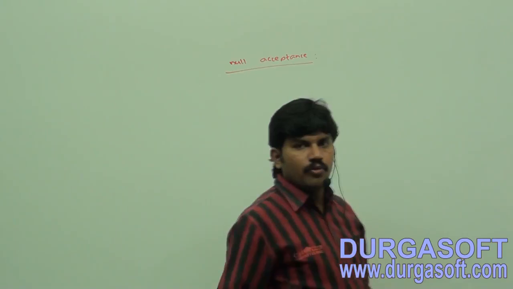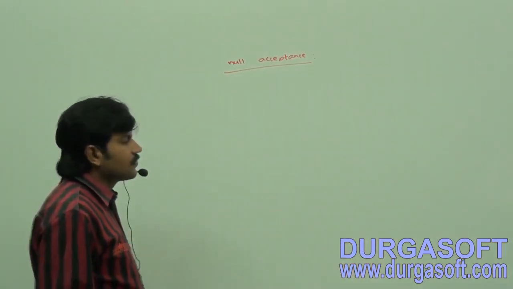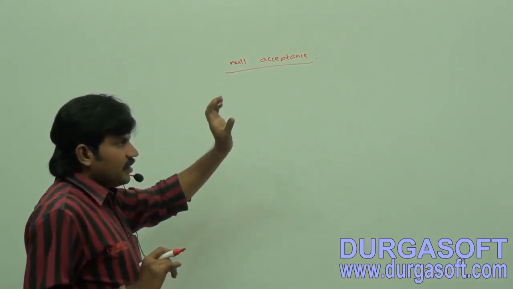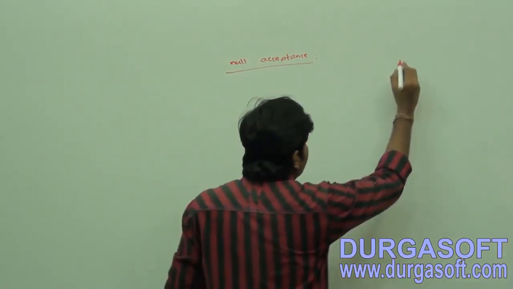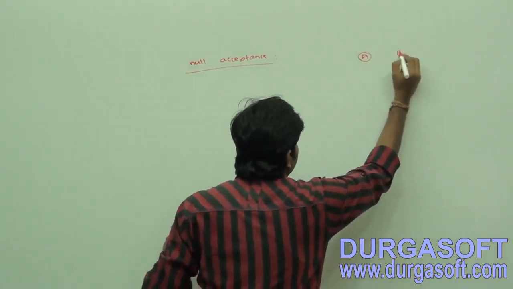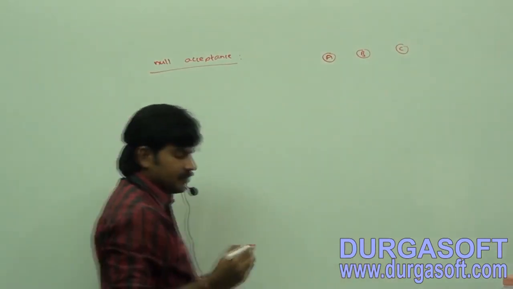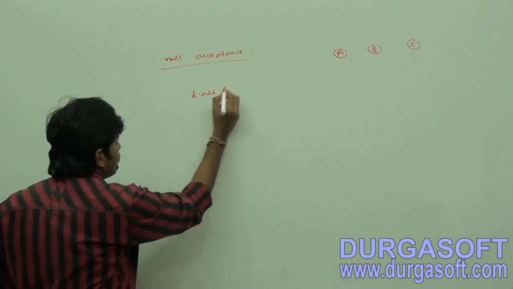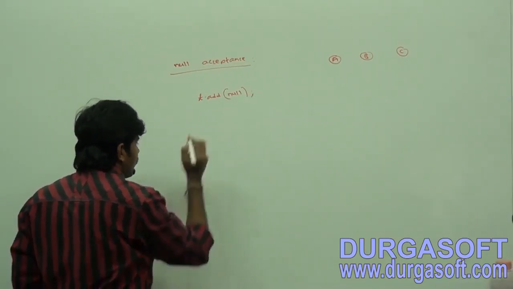What the loopholes are, listen to this one. If for the TreeSet I already added some elements, A I added, B I added, C I added, and now I am trying to insert a null.